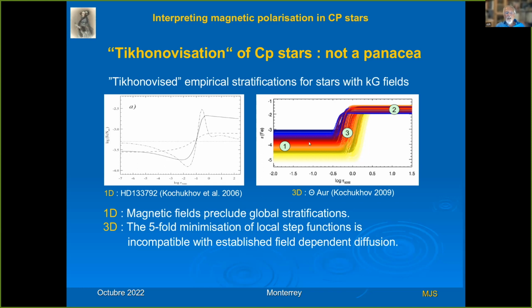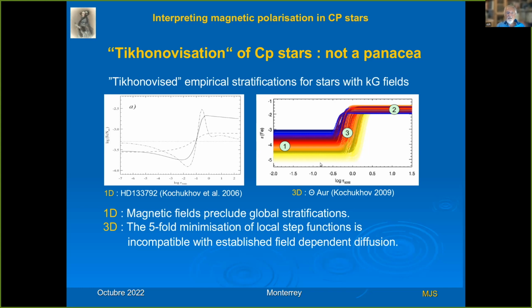And much later, in 2009 and again in 2016, there was this attempt to minimize local step functions, to minimize the difference between the lowest and the highest value in the upper layers, the same in the lower layers, the same between upper and lower layers, and the position and the width of the step. And well, you get the result, but it's incompatible with everything we know about field-dependent diffusion.